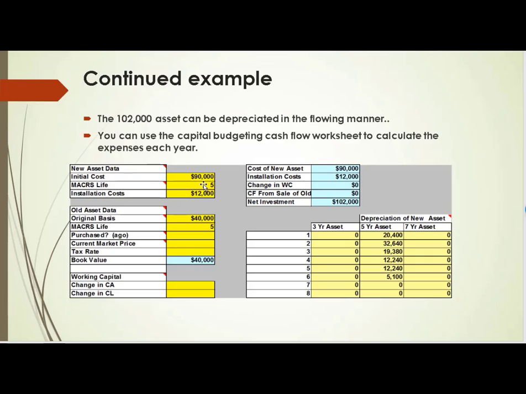So here we put in the cost of $90,000, $12,000 is the installation cost, which means then that it has a 5-year MACRS life. So if you put that in here, if we look to the right here, it's a 5-year asset, and here is the depreciation expense each year for this asset's life. So in year 1, you'll depreciate it $20,400. In year 6, you'll depreciate this asset $5,100.